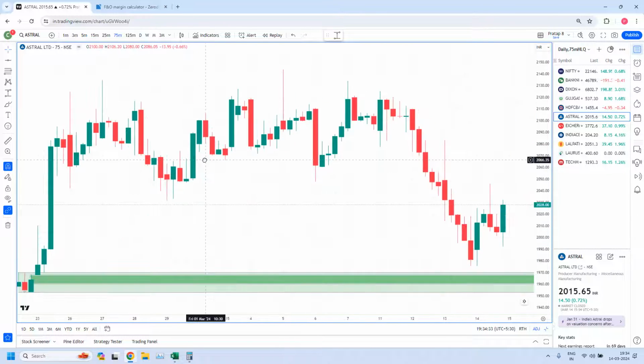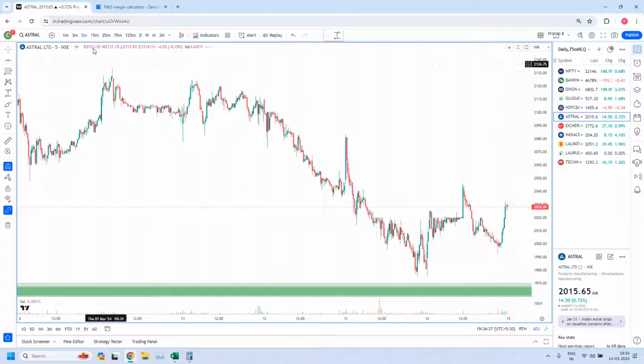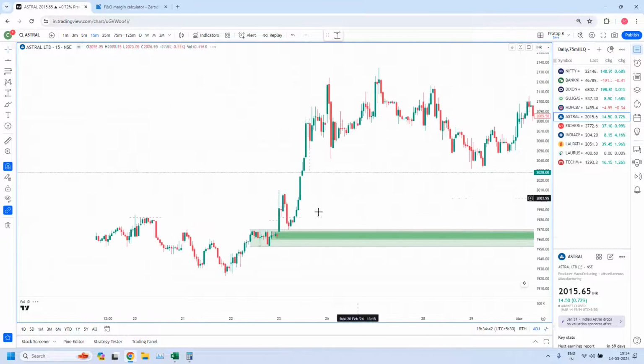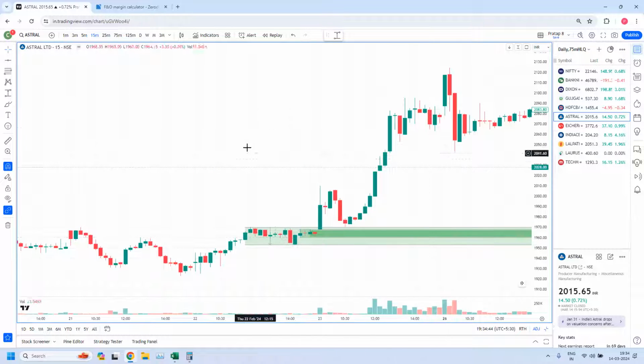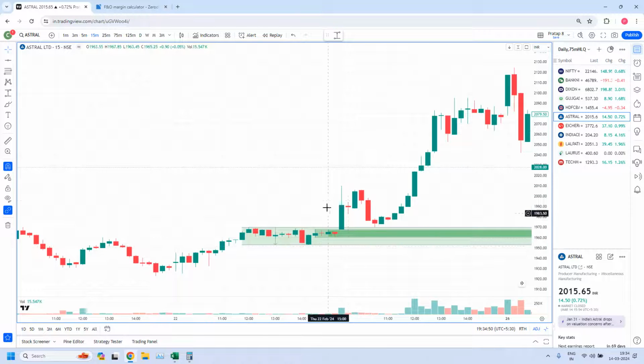So within this 75, we fine-tune to a 15-minute area. Here we have a rally, 1, 2, 3, 4 base candles, and an excellent rally candle. See here, prices came very close to the 5-minute fine-tuned area and came back again.